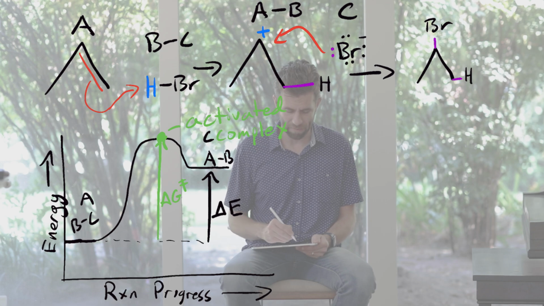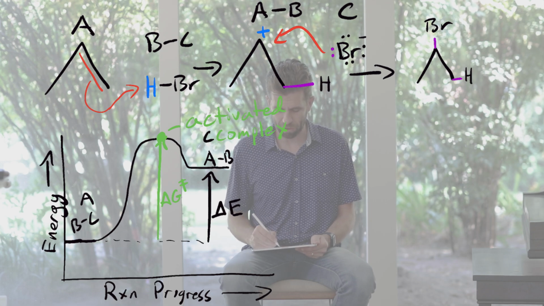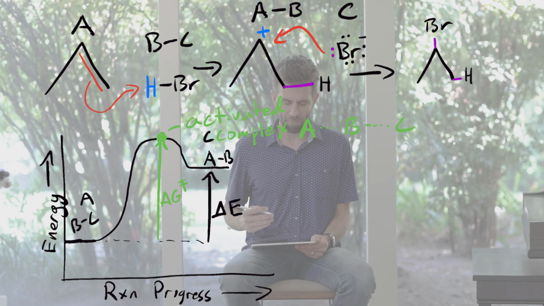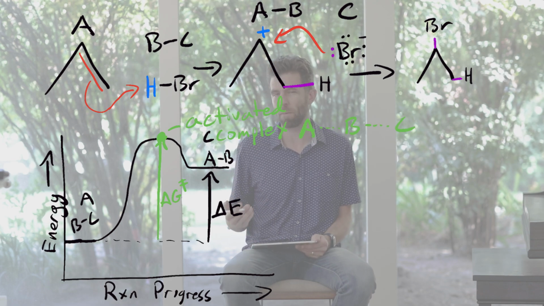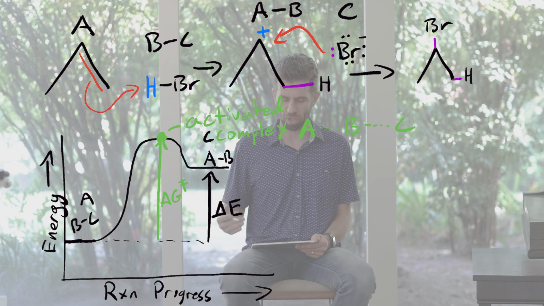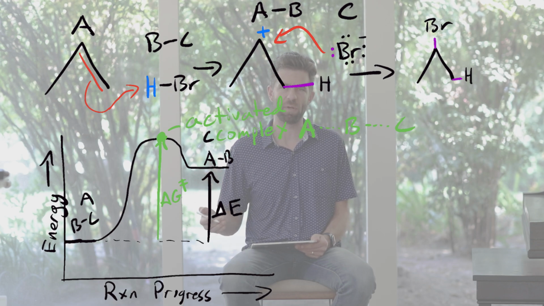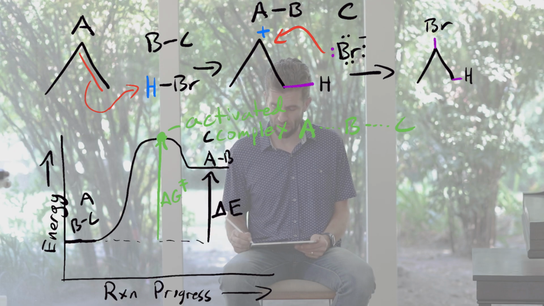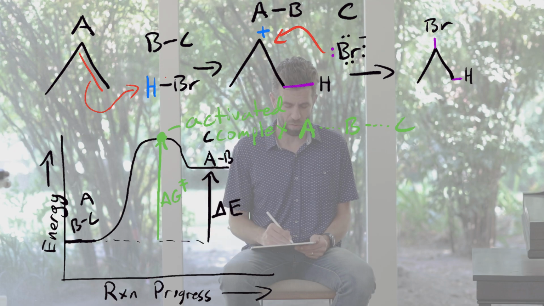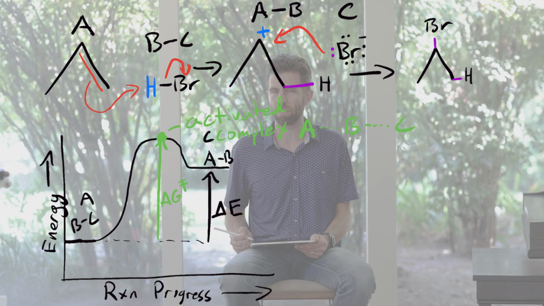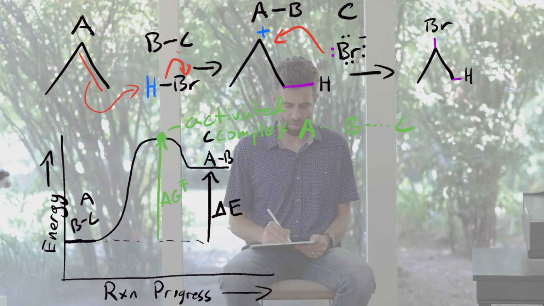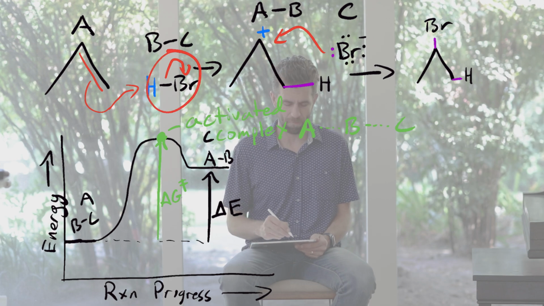At that moment in time right here, you actually have A, B, C. So you have partially formed the bond between A and B and partially broken the bond between B and C, right? So I'm missing an arrow here. Let me show you that arrow. So this arrow here represents the bond breaking between H and Br.